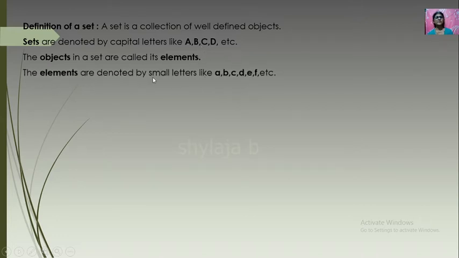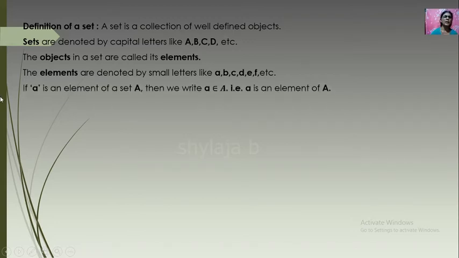Now, if element a is an element of a set A, then we write a belongs to A. This is the symbol of belongs. a belongs to A, that is, a is an element of set A.